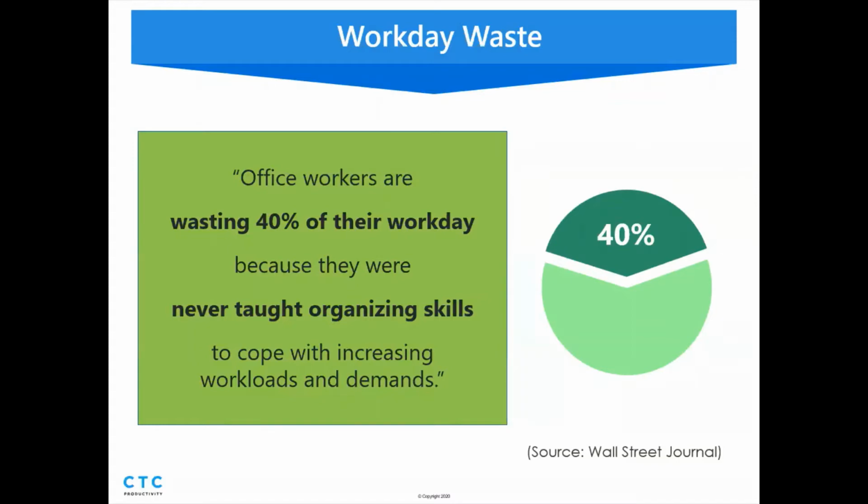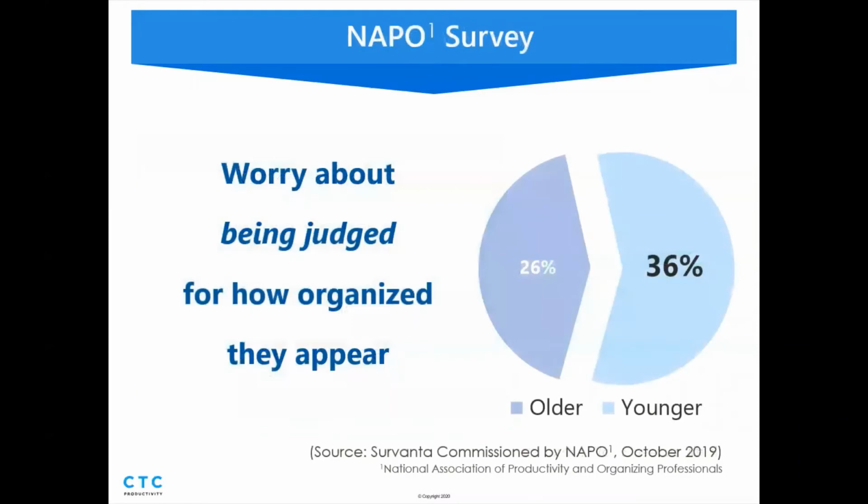We wanted to share one more statistic with you that's relevant to the session today. Our industry association, NAPO, has done some surveying, and they found that the vast majority of people in business organizations are really worried about being judged on how they're organized, which is interesting. What's most interesting about the survey results is that if you look at the pie chart on the side, you'll see that the younger generation is even more concerned about being judged for how they're organized.